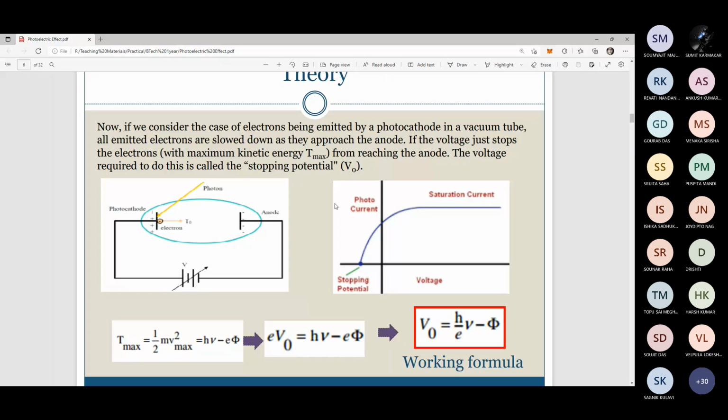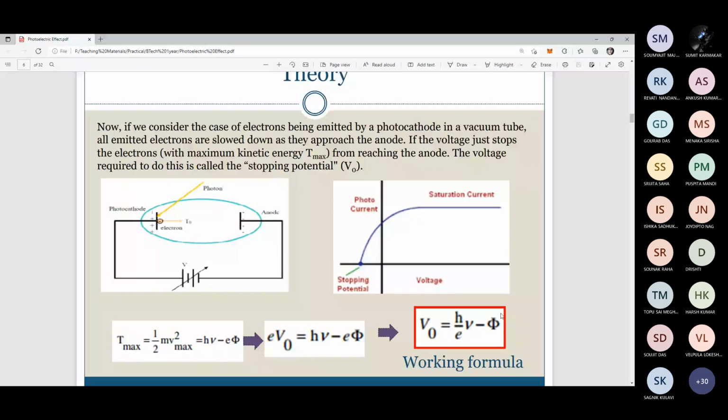Now this equation can be written like this: half m v squared, we can write as e V naught, and this is h nu minus e phi. Right? So this V naught is h by e times nu minus phi. Based on this relation, we will calculate the values of h and phi.